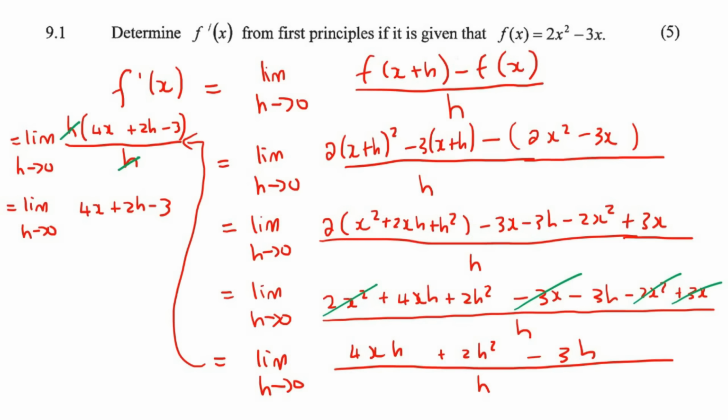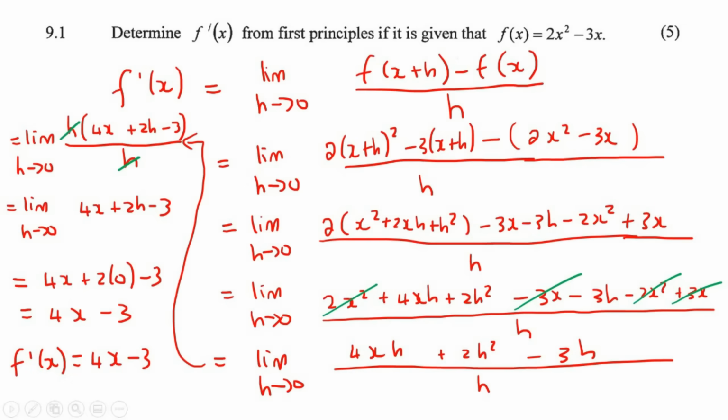Now we are in a position to let the h become 0. So in the next step, you don't have to say limit as h goes to 0, because now we're going to let the h become 0. So you show them that it's becoming 0 like that, and then you just write out your answer as 4x minus 3. So the final answer is 4x take away 3.